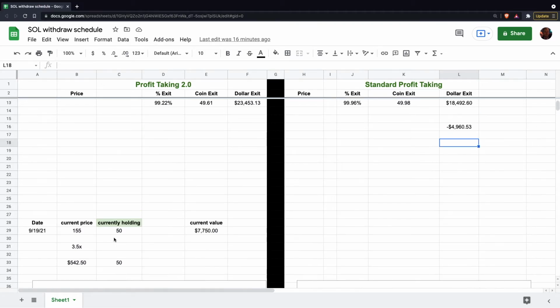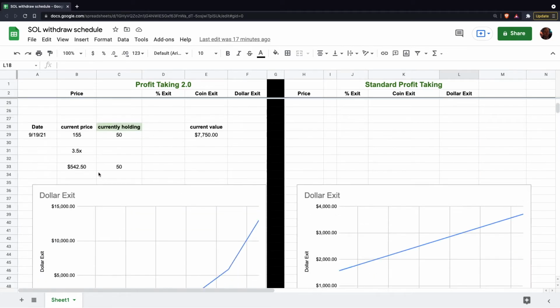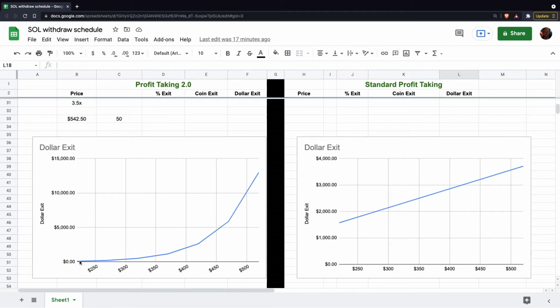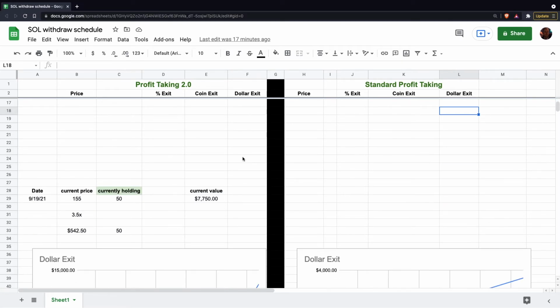So as you can see, the price on the bottom goes from $220 to $520, so a little bit past 500 there. And then the dollar exits go all the way to 13,000. At the last exit, your total dollar exit would be $13,000.